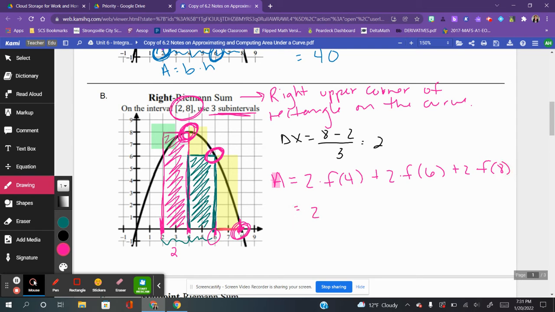And because this graph is easy to see what those outputs are, I can just say 2 times 8 plus 2 times 6 plus 2 times 0. When I calculate this, I get 28.